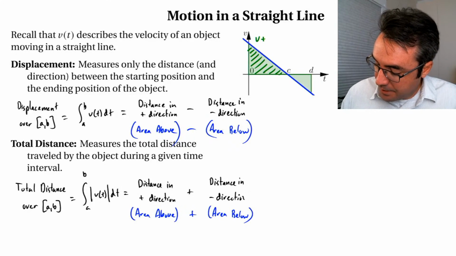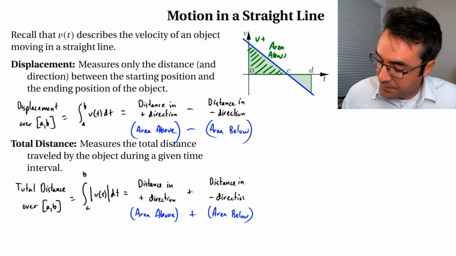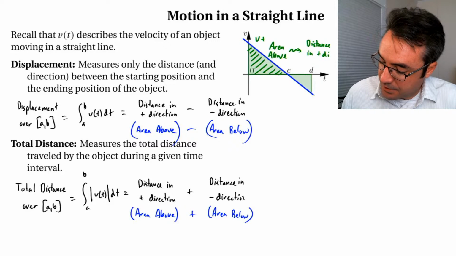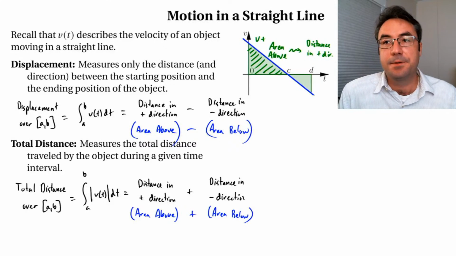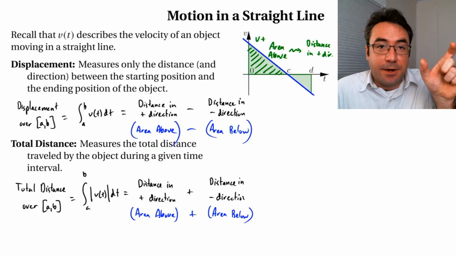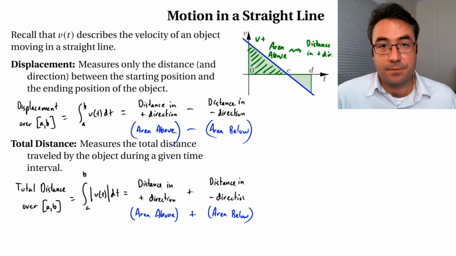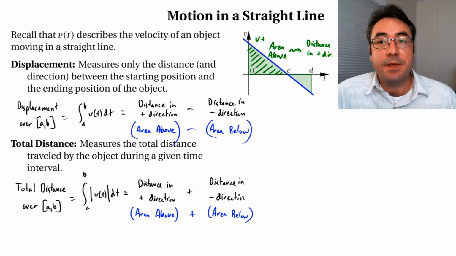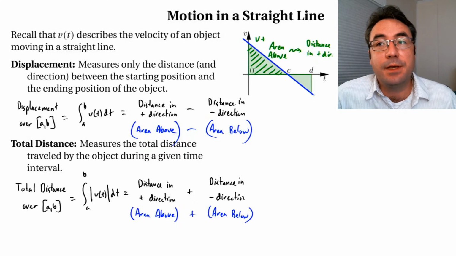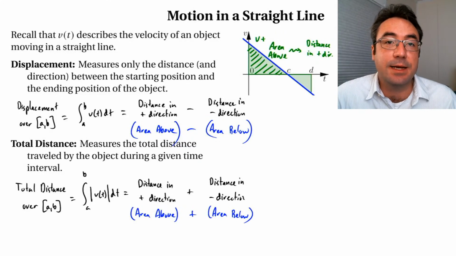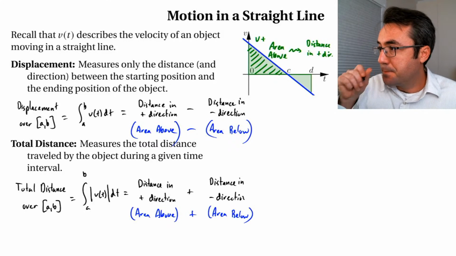And so the area of this shaded region, this is the area above, and this corresponds to the distance in the positive direction. So looking at the area for that shaded region, if we interpret it in terms of velocity, it really is giving us the distance that we travel in the positive direction during that time.